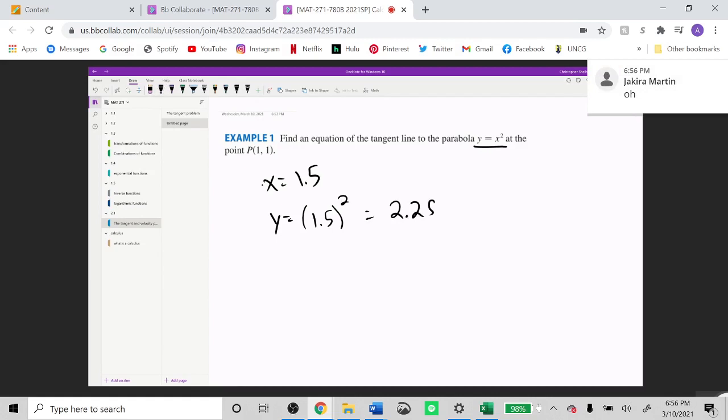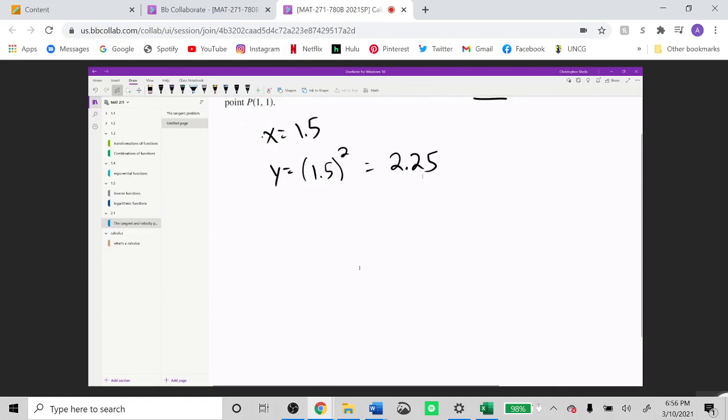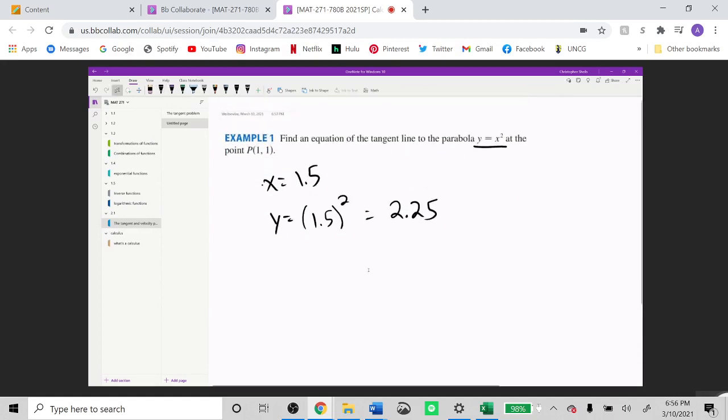So I need to plug this into y equals x squared. I left that bit of information out the first time I said it, so that's totally okay, right? So I get that y is 2.25, right? So if I want to find the slope of this line with these 2 points, then I would do y2 minus y1 over x2 minus x1.